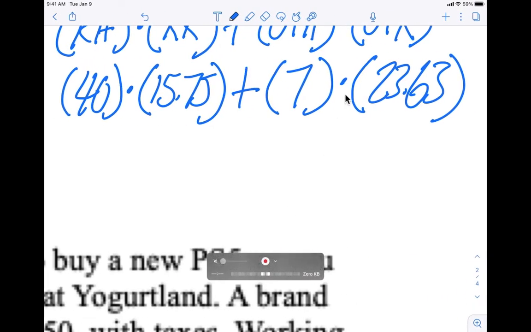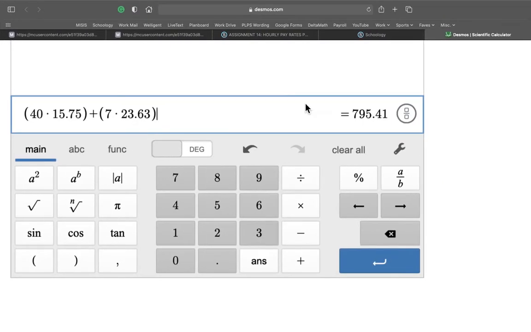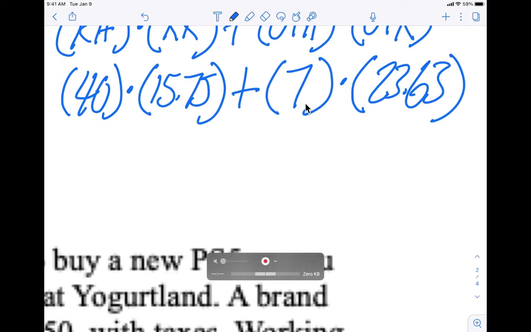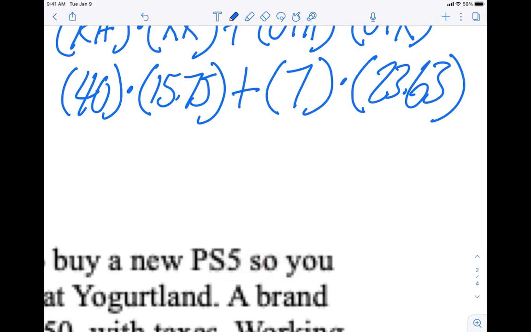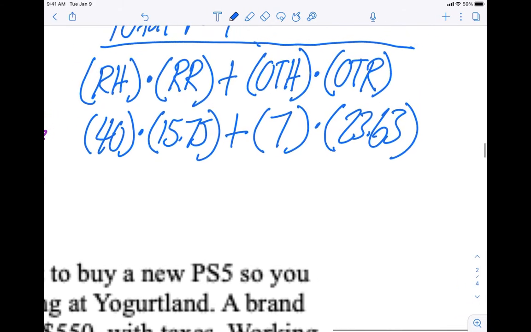Let me make sure that looks right. 40 times 15.75, yeah, plus 7 times 23.63, yeah, 795.41.